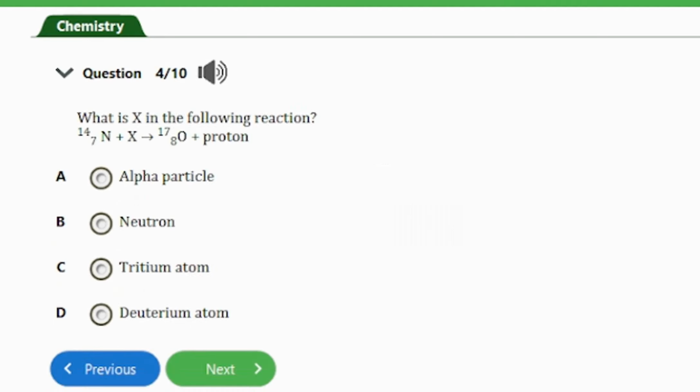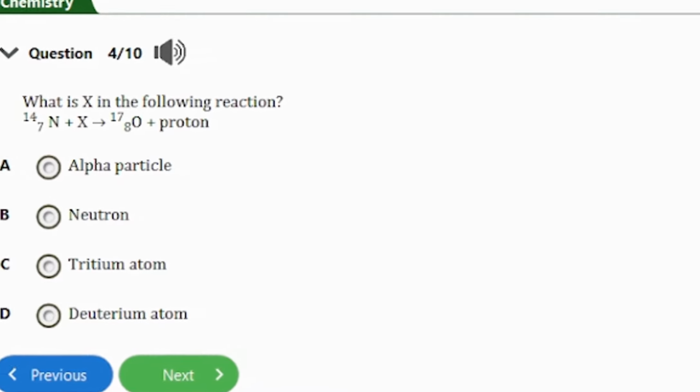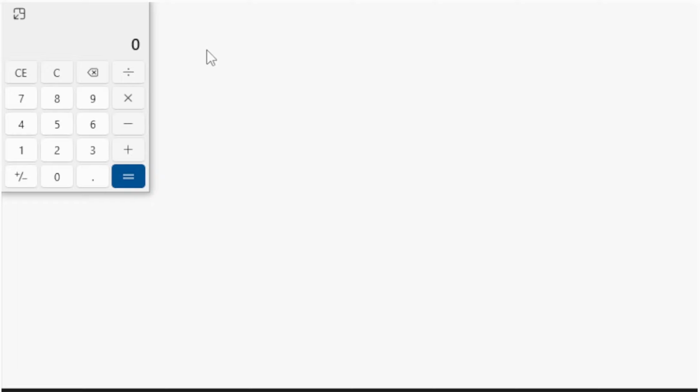So guys, the next question here is question number 4, and it says, what is the X in the following reaction? So we've seen the reaction here, and let's zoom into our workspace to solve for this.